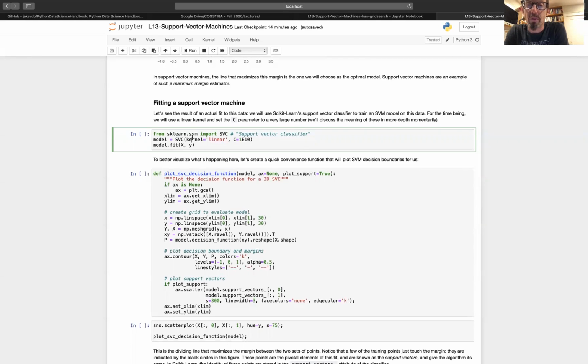Where you can use the support vectors to predict a real number for whatever output variable you want, instead of just a class. So we're not going into that, but the SVC is the support vector classifier in Scikit-Learn, and the SVR, support vector regression, is a different function.